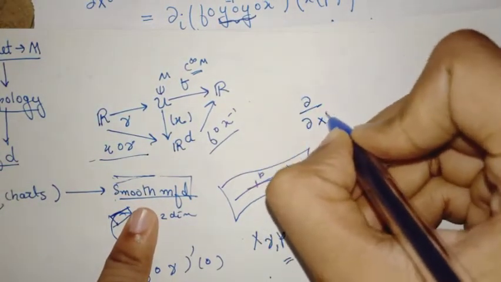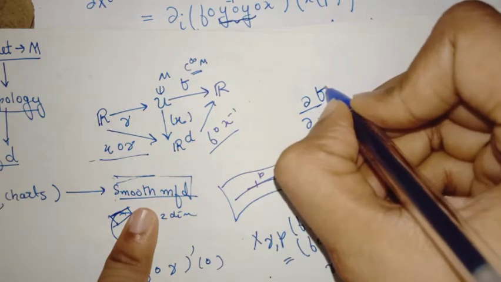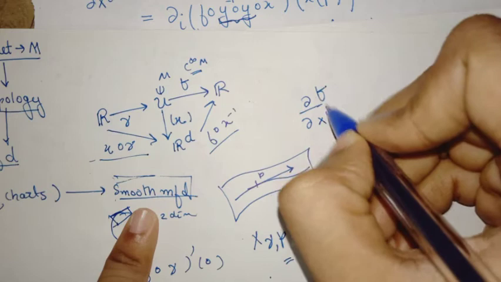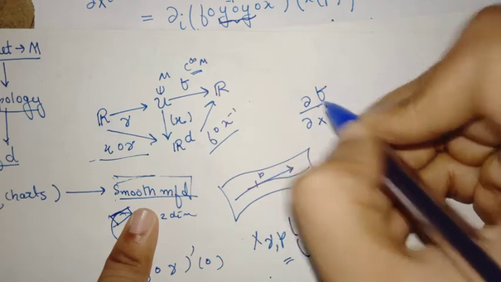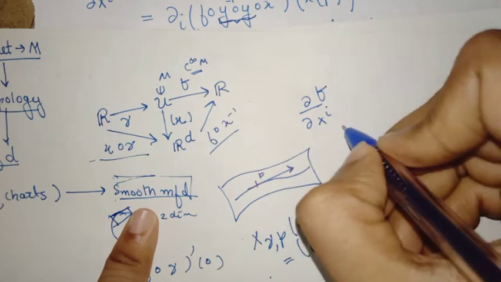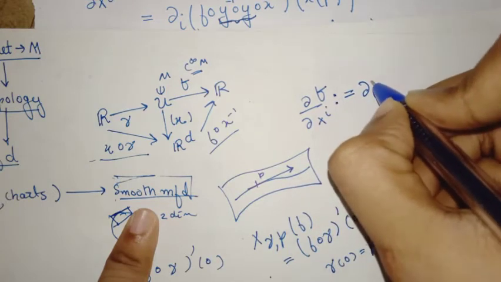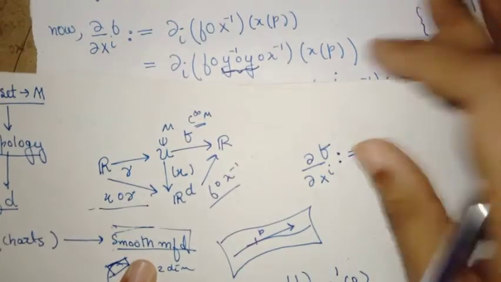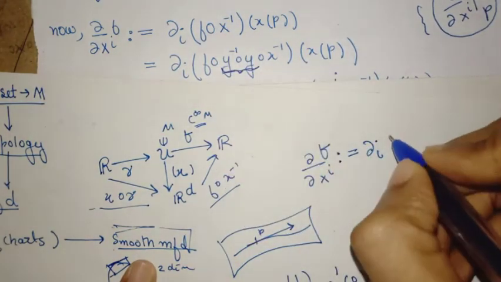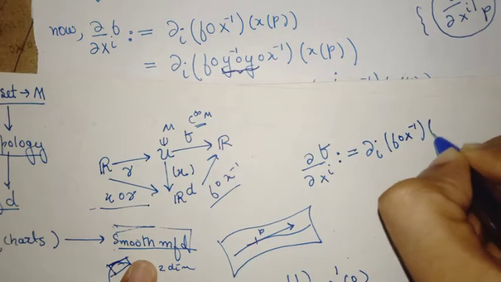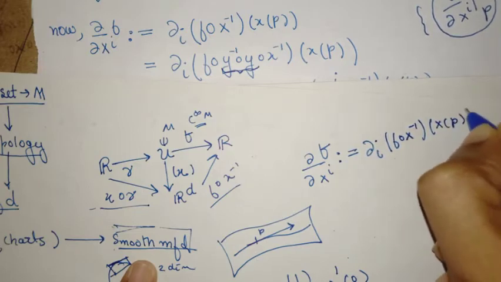Del xi of a function f, which is a C infinity M, or a smooth function that maps from the manifold to the real line, is defined to be the differential of f composed with x inverse at a point x of p.